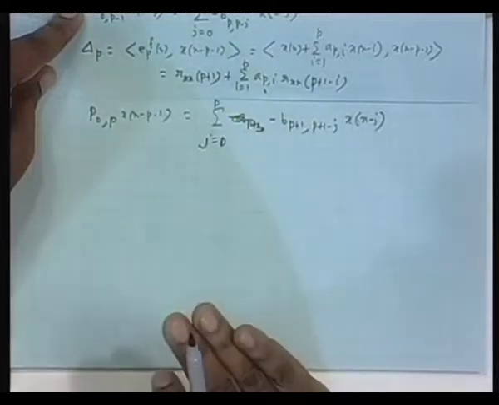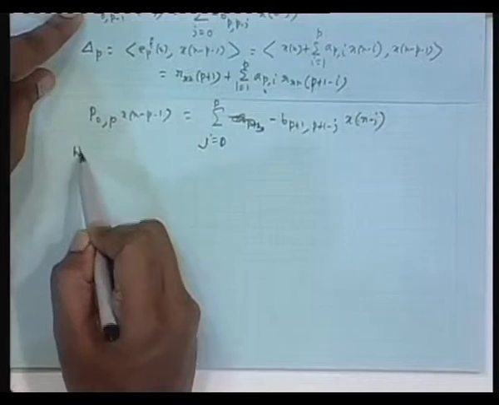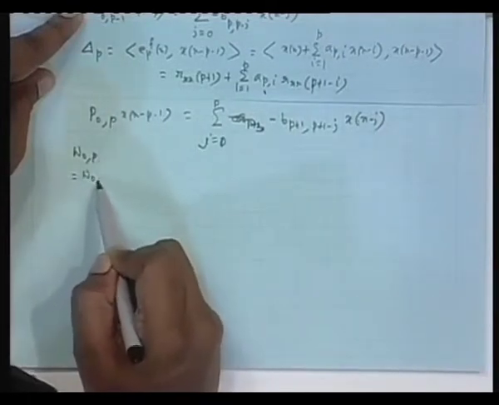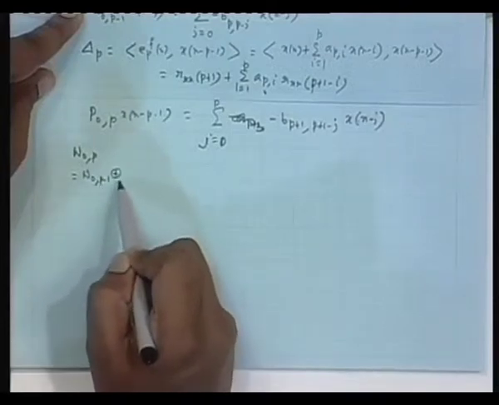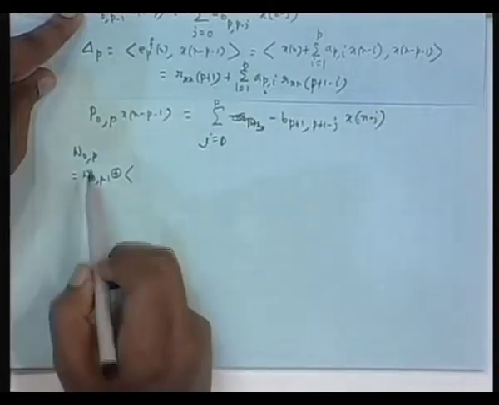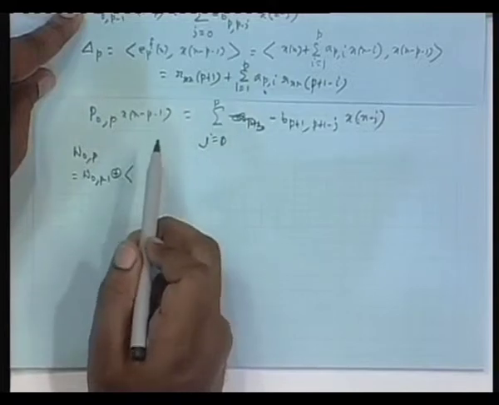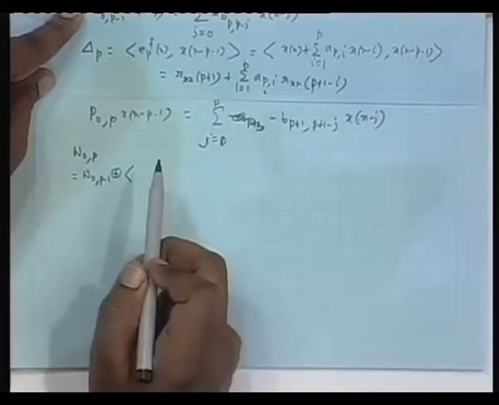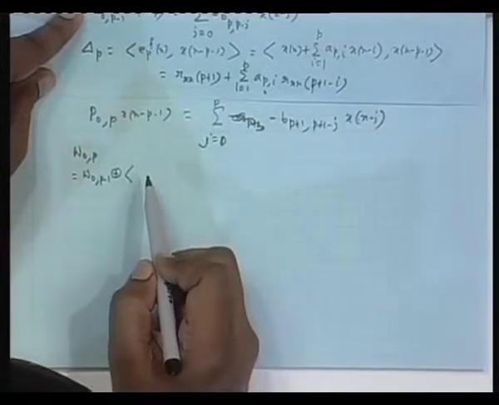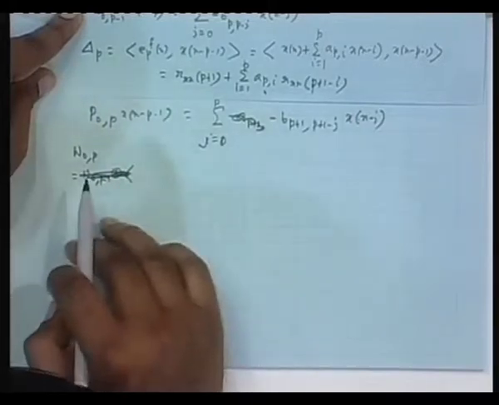In this form I want it, but this projection is again what? What is the space here? The space here is W 0 p, which is nothing but the orthogonal sum of W 0 p minus 1, and this is an orthogonal sum. You understand that 0 to p means 0 to p minus 1, and the last fellow is x n minus p. Or should I do it this way? No, this is not the way. No, it is the other way.